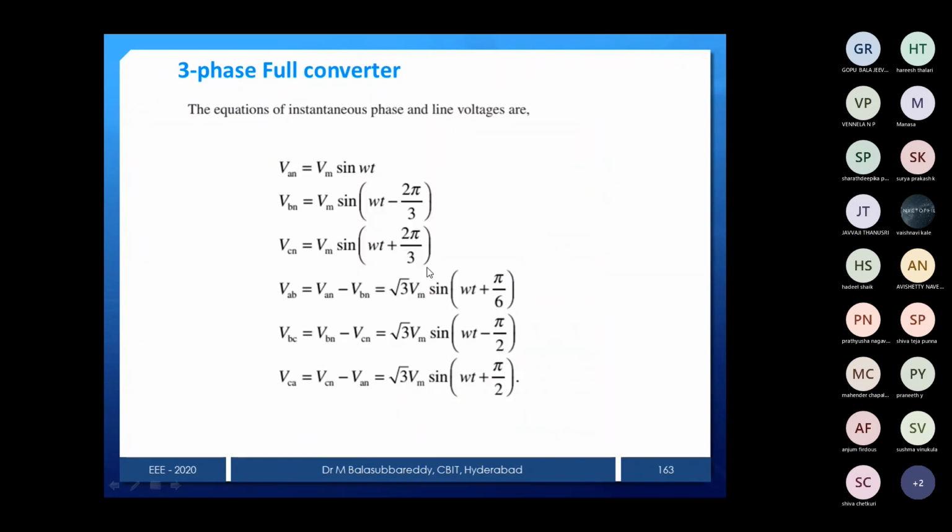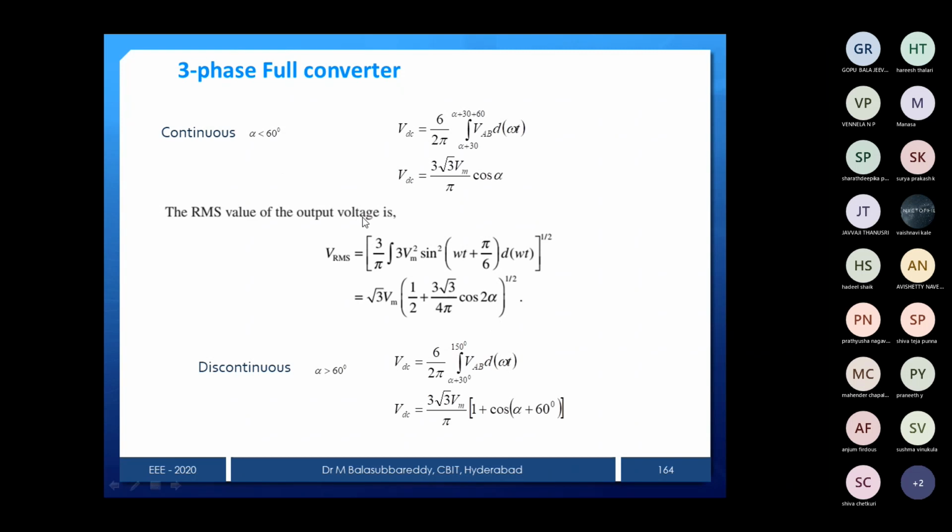And as usual, VAB is nothing but root 3 Vm sin(omega t plus 30 minus 90) or plus 90, like that. Different values, because while you are integrating you may require AB or BC or CA, anything you can integrate. Same thing, alpha less than 90, already I derived root 3 Vm by pi into cos alpha.